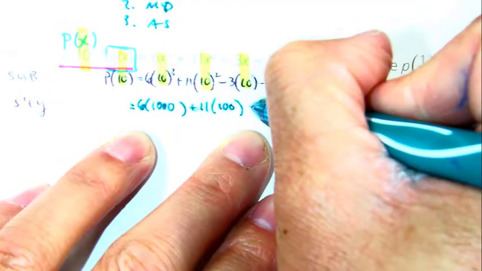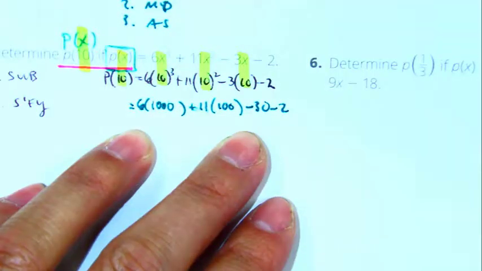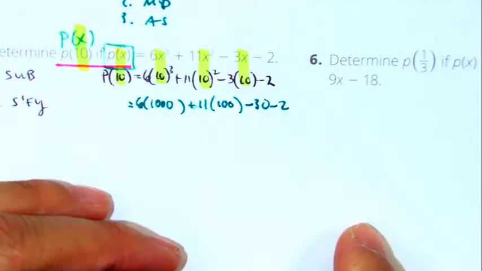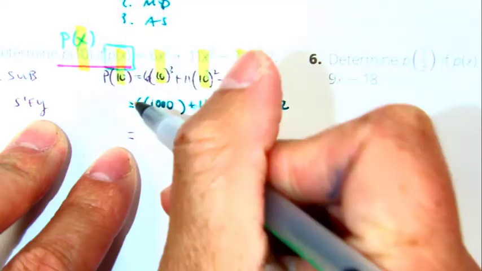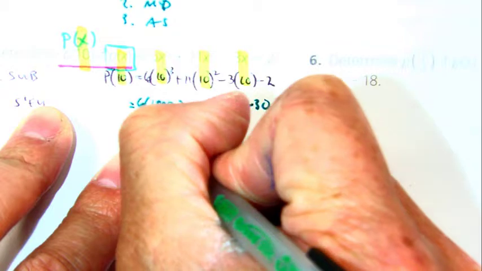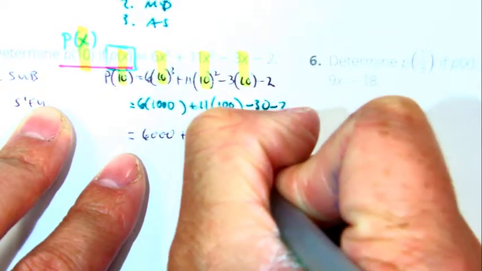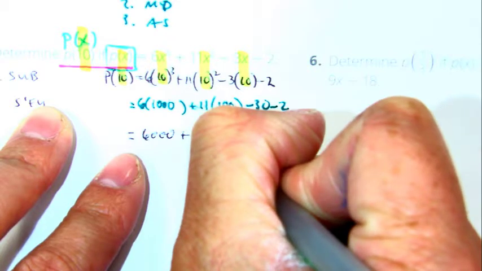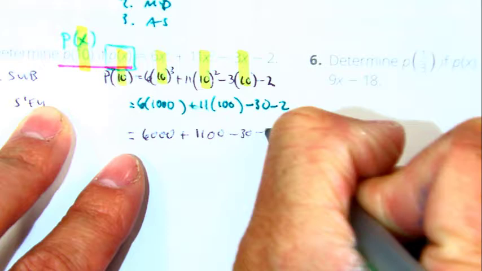Now I don't have any exponents, so I can just do multiplication. Negative 3 times 10, minus 2. And then we just go back and simplify. 6 times 1,000. 11 times 100. 1100 minus 30 minus 2.